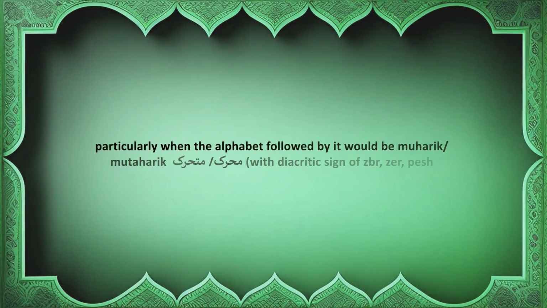Here, remember, we will not burden this class for you; we want to make it easy for you to learn. So particularly when the alphabet followed by it is muharrik or mutaharrik with a diacritic sign of Zabar, Zair, Pesh, we have four examples here.